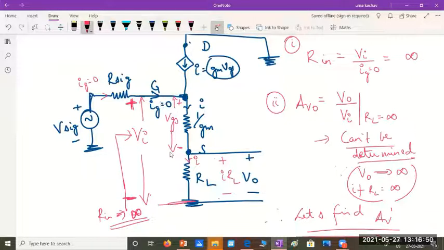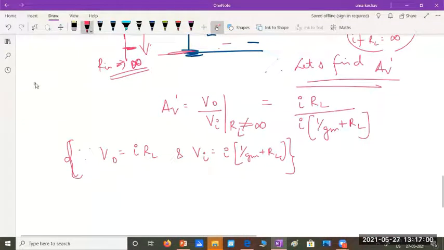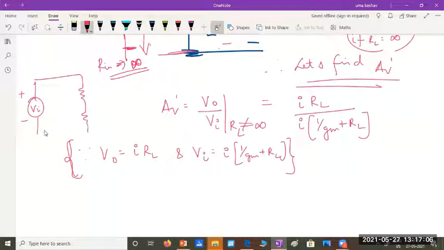Now coming to this, if you still find this difficult to conceive, you just apply KVL around this loop. What do you have there? See, you have a source VI, and here, let's say, just to write the KVL equation, the only current here is I, and this is 1 by Gm and this is RL.